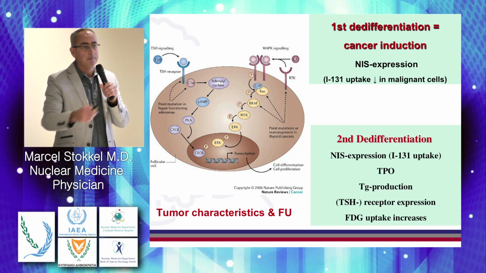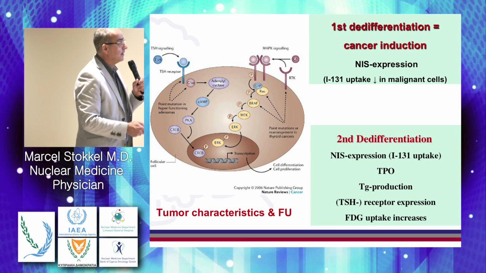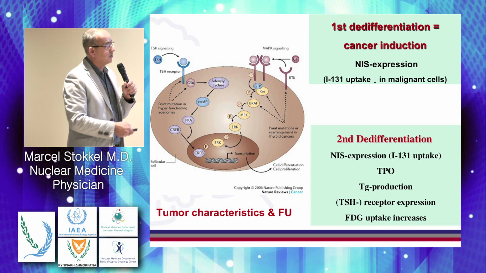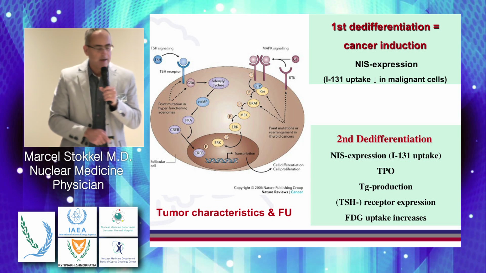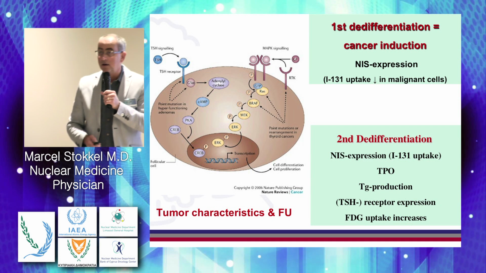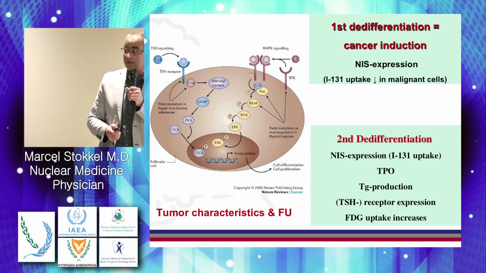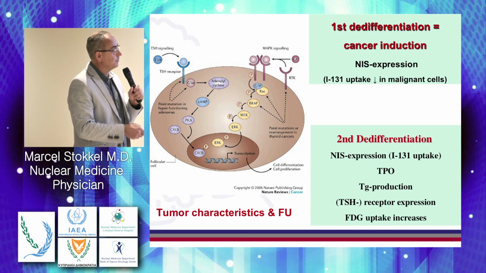So over time, it may lose its uptake capacity of radioiodine. And thereafter, TPO production, thyroglobulin production, and at the end of the whole dedifferentiation process, it might have consequences for the receptors expressed on the surface, for example, the TSH receptor, but also the somatostatin receptors. So you have to keep that in mind.